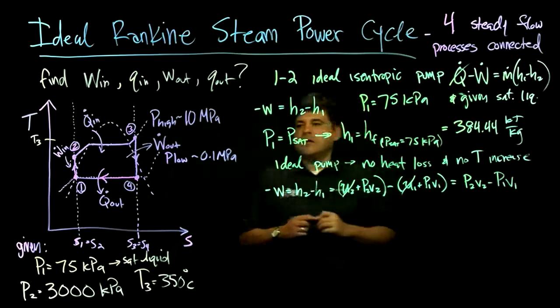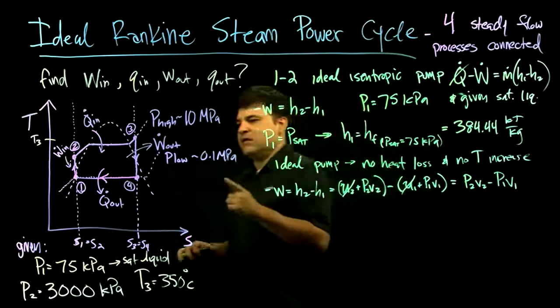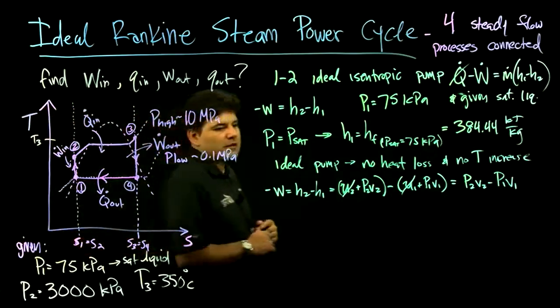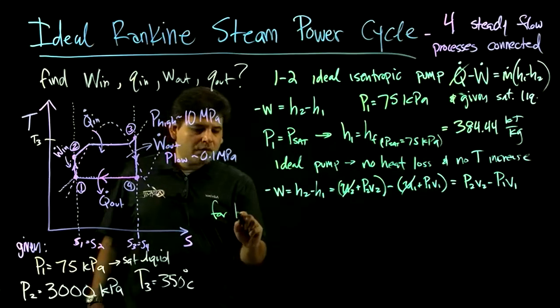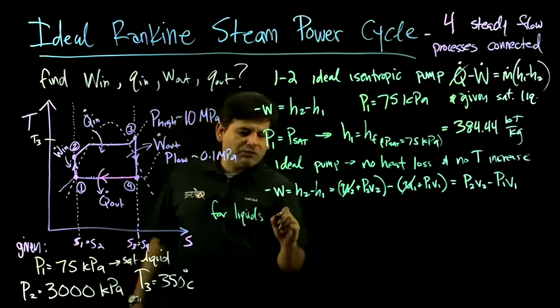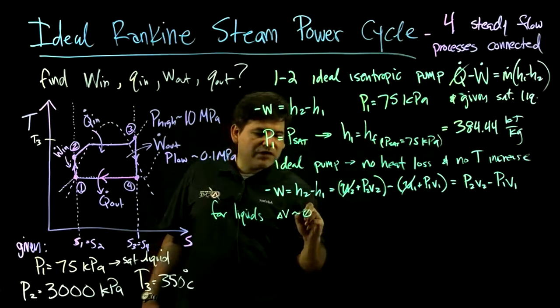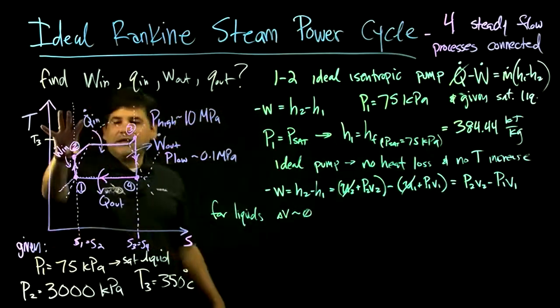Okay, but for liquids, going from saturated liquid to compressed liquid, in many processes delta V is about 0. It's very hard to change the volume of anything in this phase.